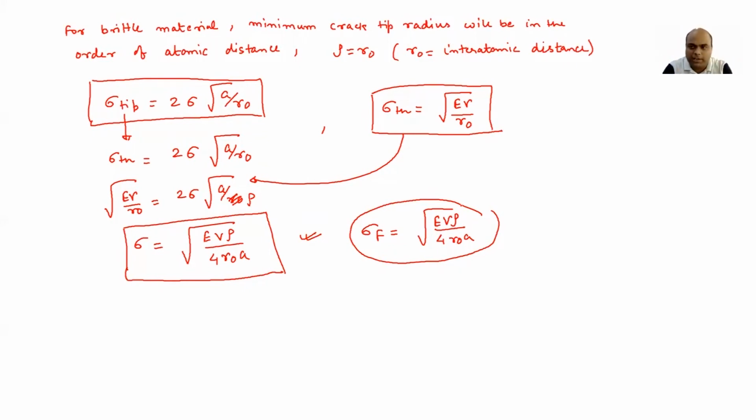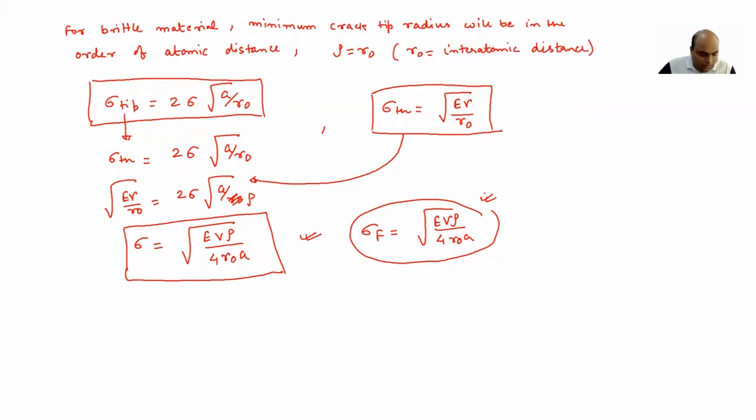So the formula I have derived here is basically for a brittle material. It is easy to derive the equation of fracture stress for brittle material, which is related to E gamma rho by 4 R naught A. And if you know the rho, you can actually calculate the fracture stress.